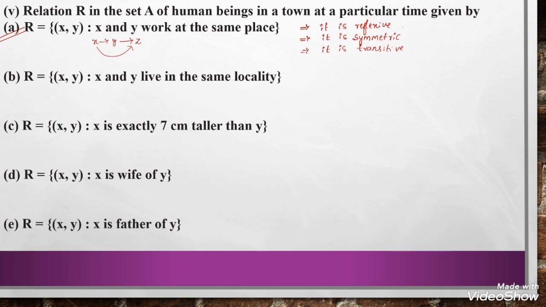If X is colleague of Y and Y is colleague of Z, obviously Z is colleague to X also. Based on the definition of the transitive relation, it holds the condition. Therefore, for the first one, x comma y such that x and y work at the same place is an equivalence relation.